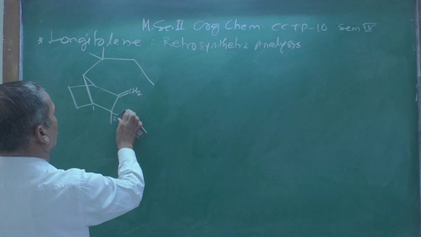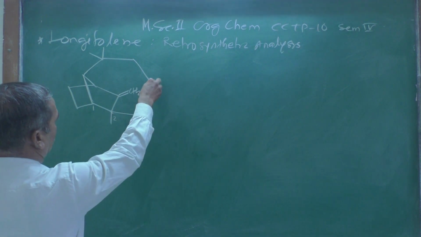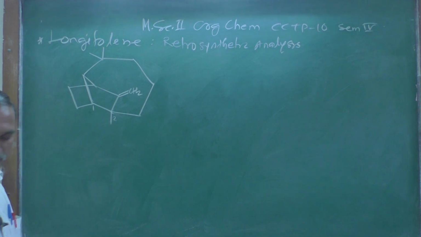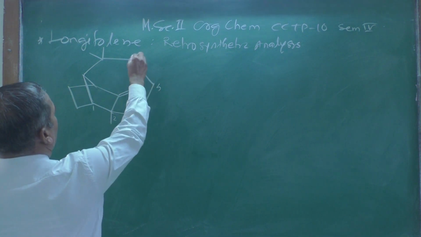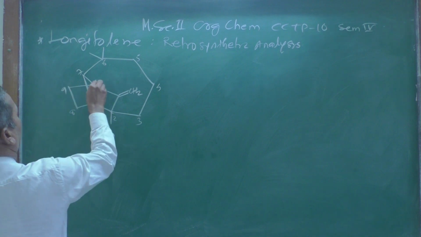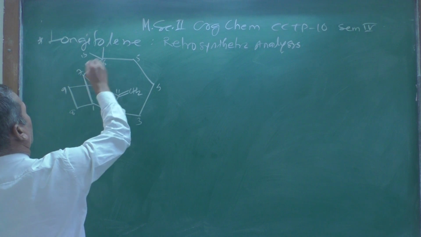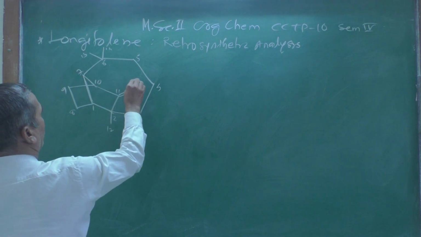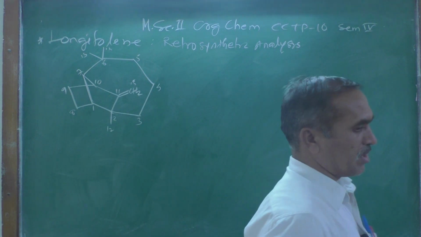This is a 7-membered ring because it is a tricyclic compound. 1, 2, 3, 4, 5, 6, 7, 8, 9, 10, 11, then 12, 13, 14 and 15. There are 15 carbon atoms in total.